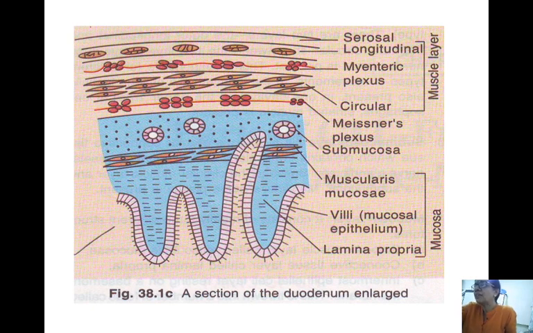The mucosa is again further divided into three. The smooth muscle layer is called muscularis mucosa. The connective tissue layer is called the lamina propria, and the innermost layer, the epithelial cell layer, which is resting on the basement membrane and is thrown into folds, is called the villi. Now coming to each layer, so you can see all the 5 layers and the 2 plexus in between.